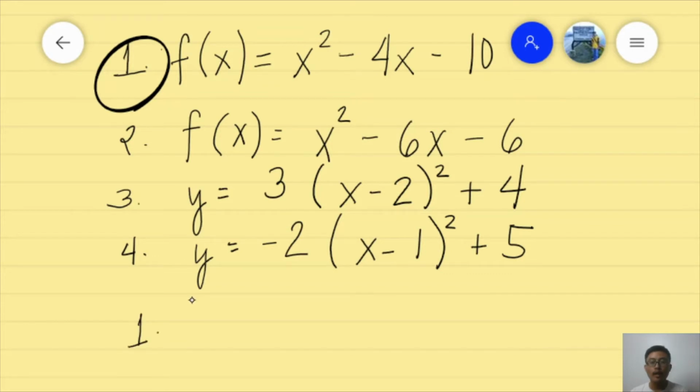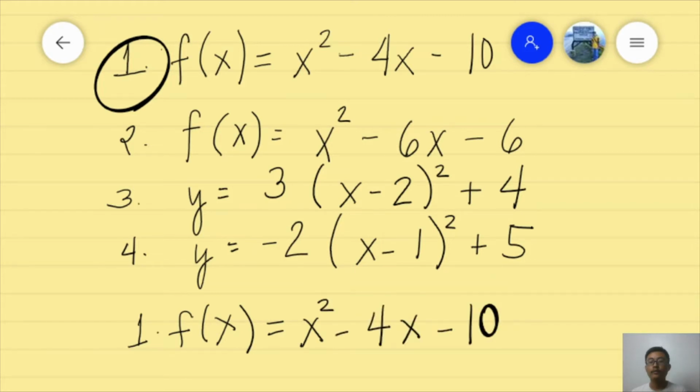Number 1, we have f of x equals x squared minus 4x minus 10.